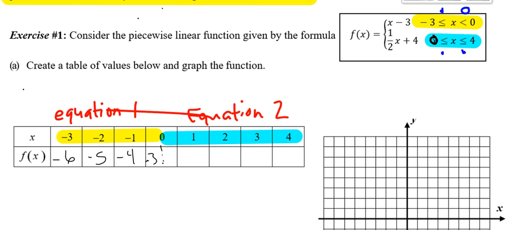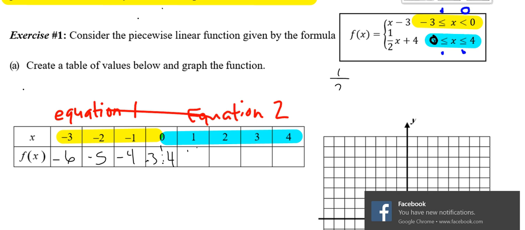Now let's look at 0, 1, 2, 3, and 4 for equation 2. If I plug in 0, I have a half times 0 plus 4. Anything times 0 is 0, so I have 0 plus 4, which gives me 4. What happens if we plug in 1?